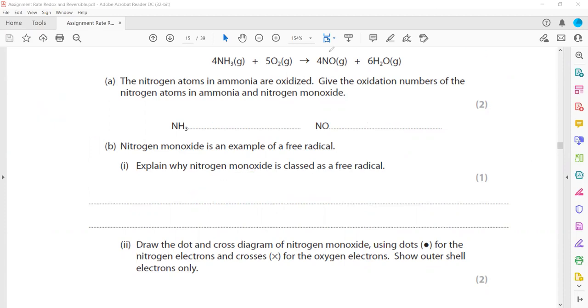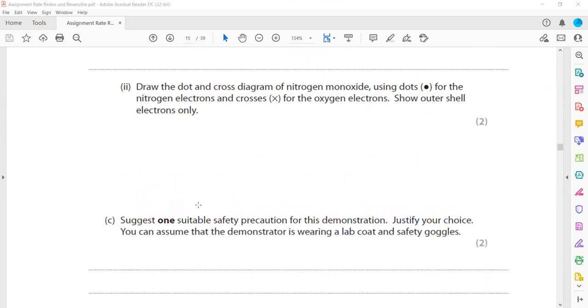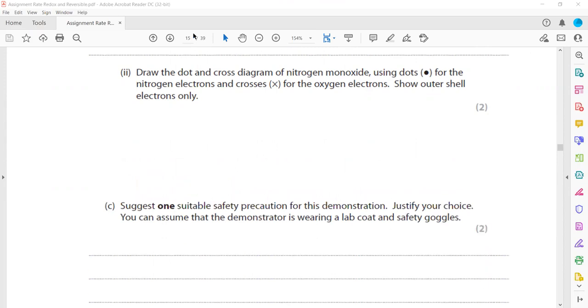Then for the next part, we have to draw a dot and cross diagram for the outer shell of NO, nitrogen monoxide. In nitrogen monoxide there is one oxygen and we use dots for nitrogen and crosses for oxygen. Oxygen belongs to group 6, so it will share 2 electrons.